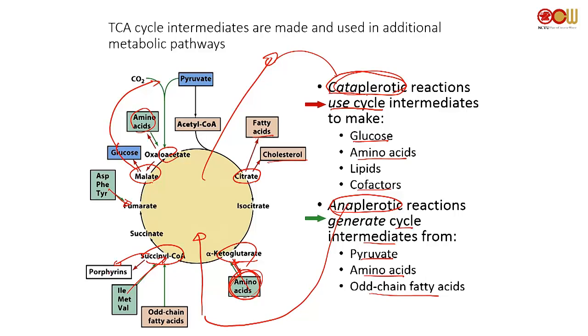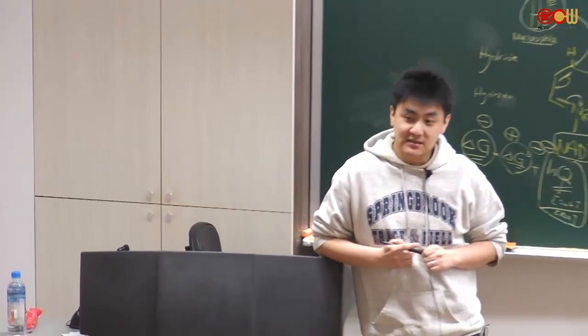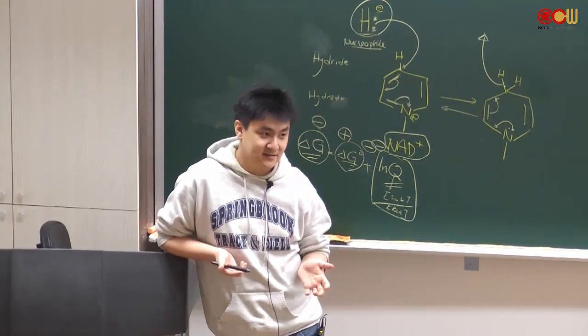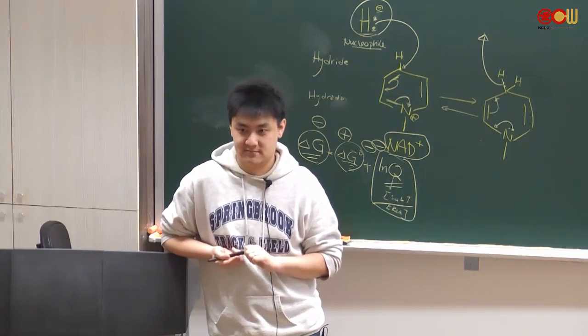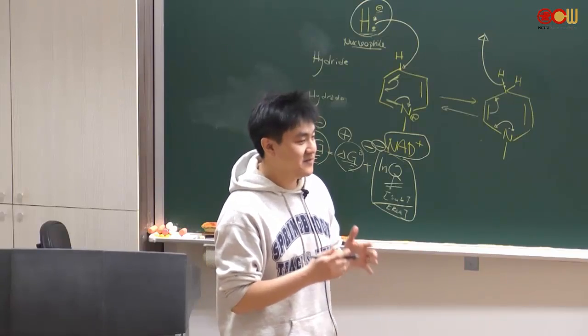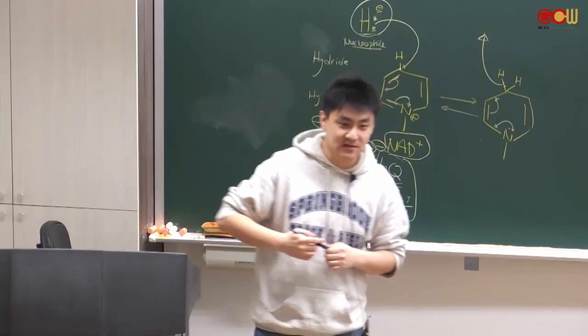Make sense? Those are just keywords. Now, anaplerotic reactions are very, very important, the TCA cycle being a cycle. If you consume intermediates, for example, if you consume alpha-KG to make glutamate, then you no longer have enough oxaloacetate to continue the cycle again.